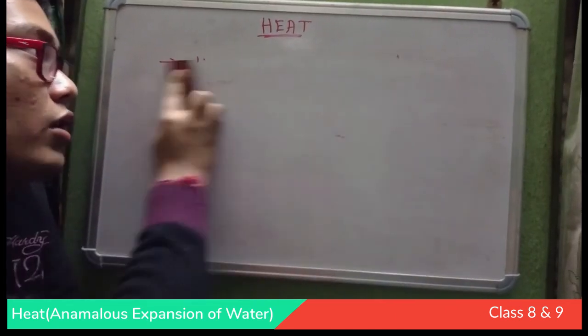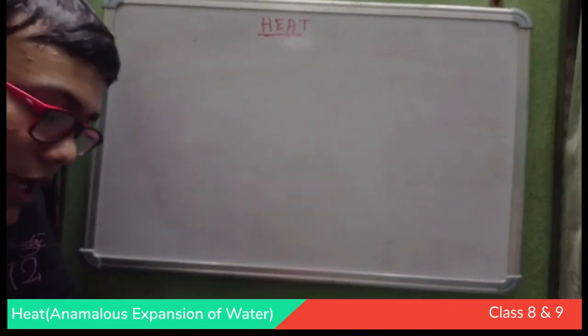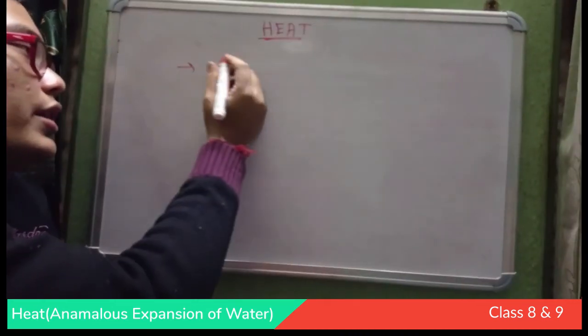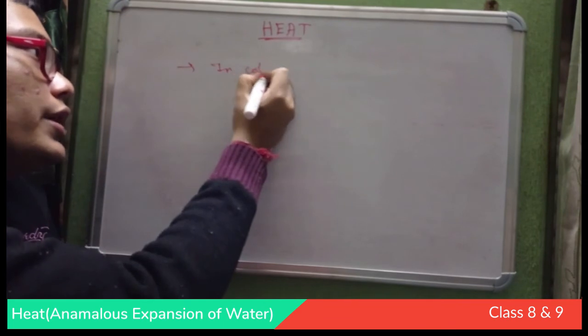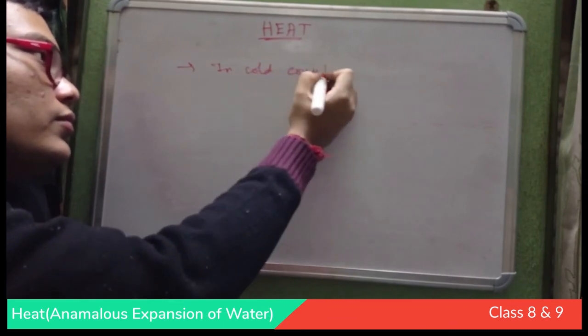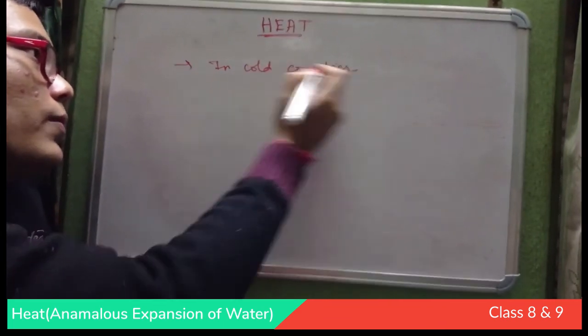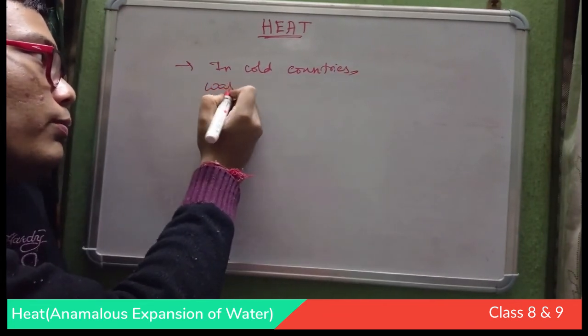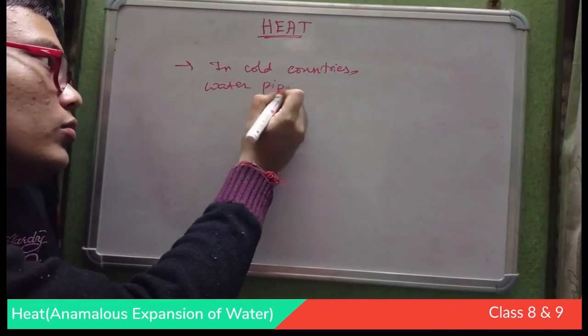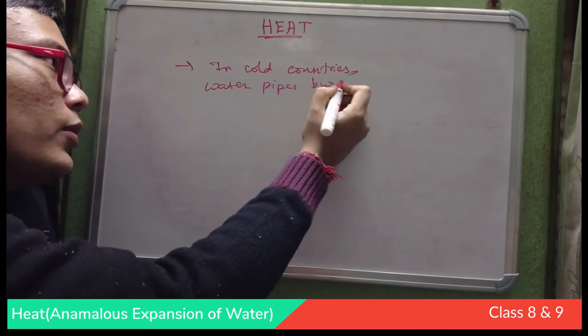One disadvantage of anomalous expansion is that often in cold countries water pipes burst.